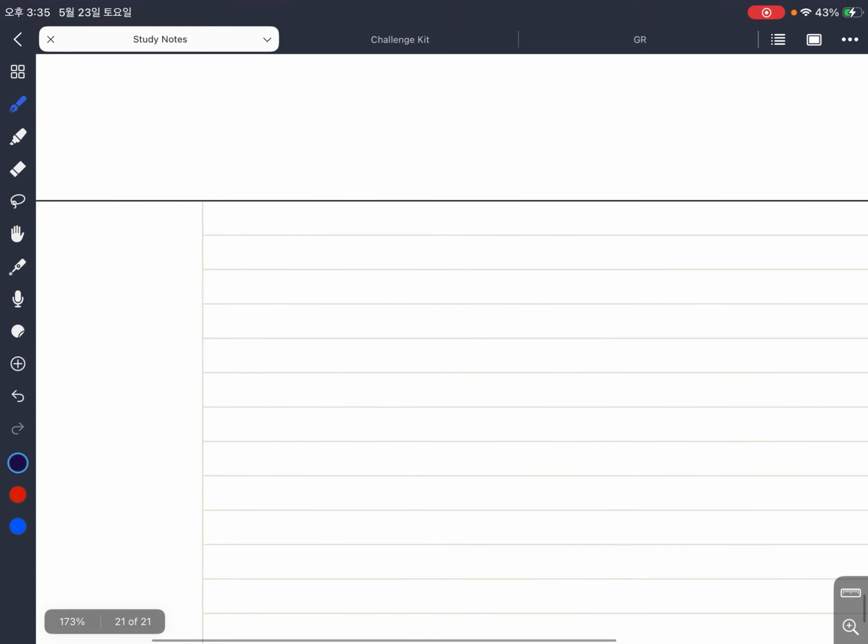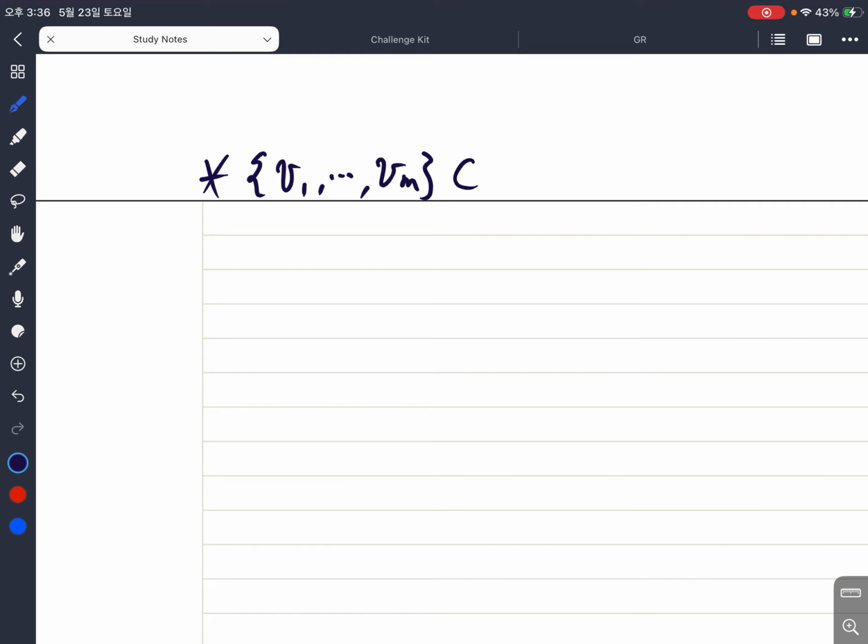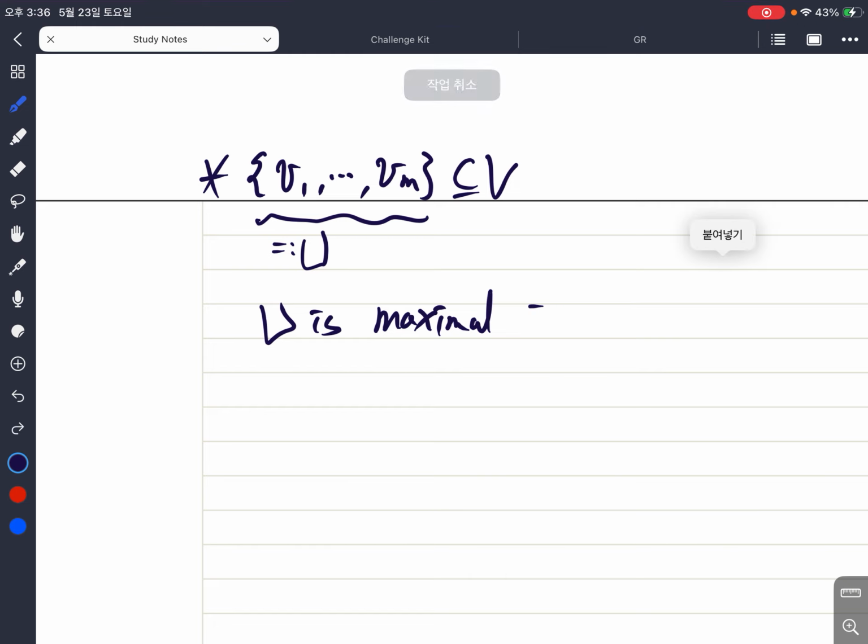And for V, you might always make some v_1 to v_m in V, and let us write this as U. Let us say U is a maximal linearly independent set of vectors.